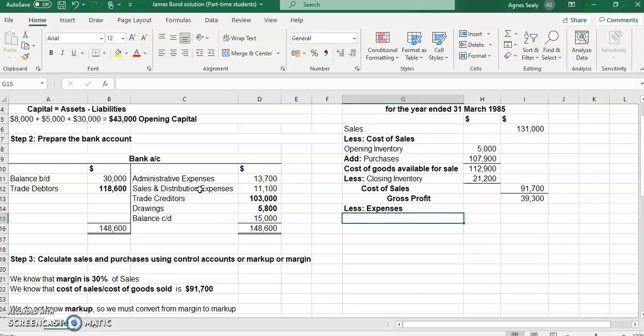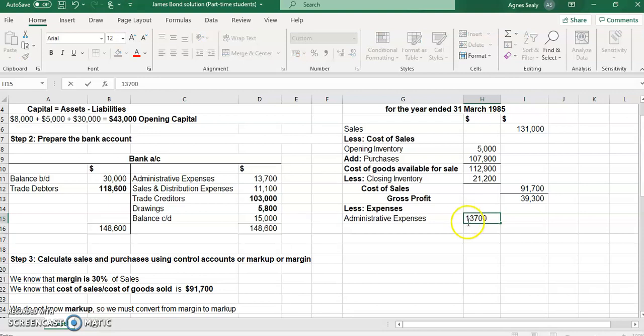So we didn't have any adjustments for our accruals and prepayments, so we can go right ahead with our administrative expenses of $13,700 from the bank account, and our sales and distribution expenses from the bank account again of $11,100.